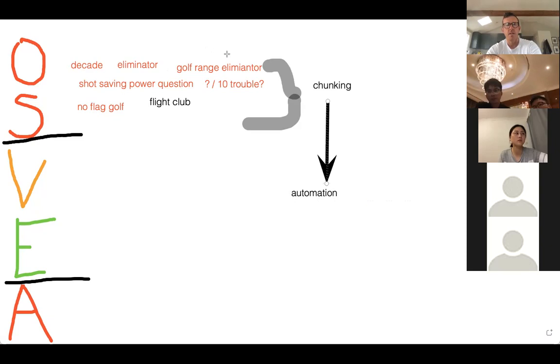Once the player has the ability to chunk, we want them to develop automation. So we take all of this, that picture or that feeling or that shot or that sound or that structure, and put all the information together.